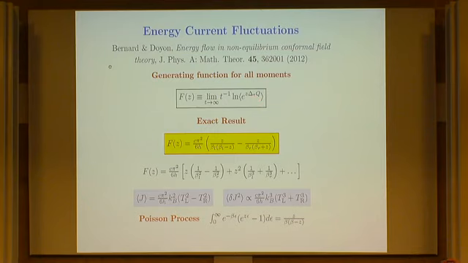Here we're thinking about energy flow, with some parameter Z, which is your counting parameter. And so if you expand this result in powers of Z, the leading coefficient tells you about the average energy flow, and the higher powers tell you about fluctuations in the system. Okay? So everything you want to know about the energy flow between these connected CFTs you can compute, and there's a nice interpretation in terms of a classical Poisson process describing the energy flow across the interface.